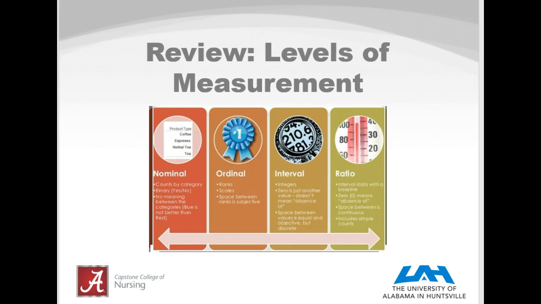So in your overview, you'll see there's an example related to pain. So if you were assessing participants' levels of pain on a scale, if you will, no pain, mild pain, moderate pain, or severe pain, if it's measured at the ordinal level, they can be ranked from low to high.